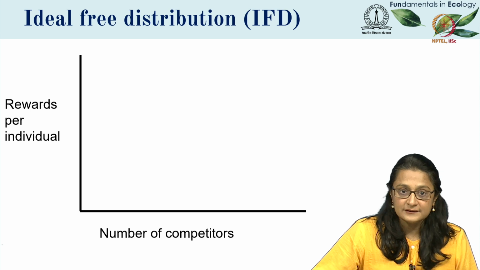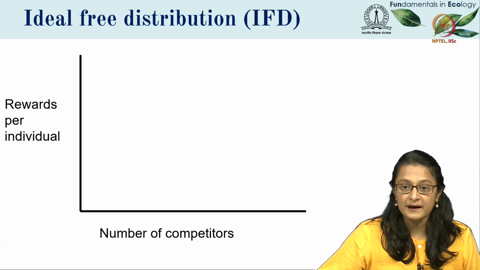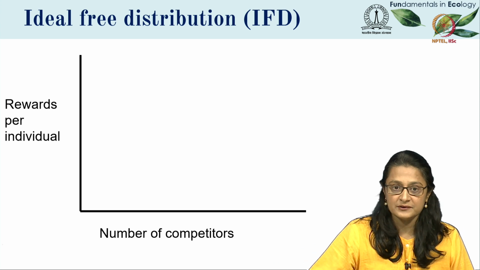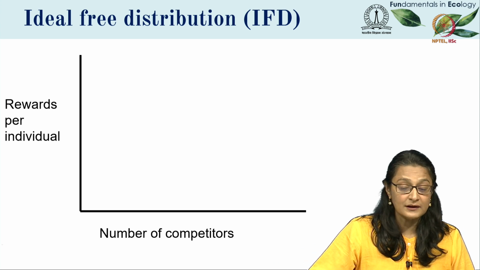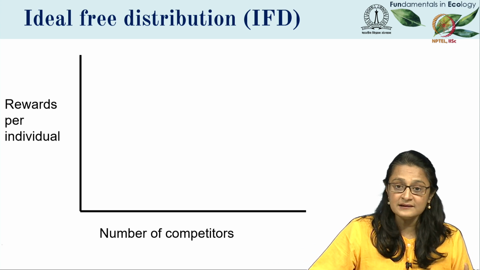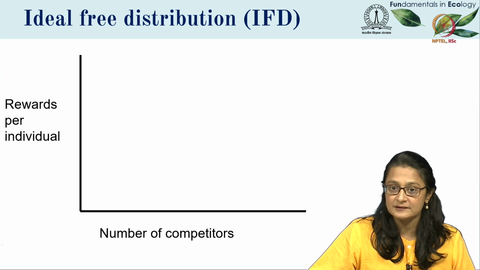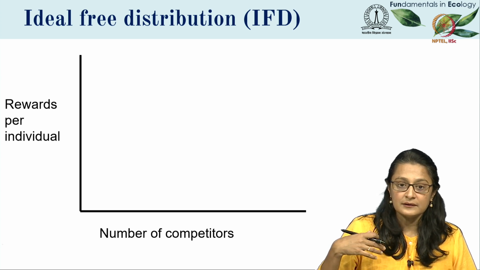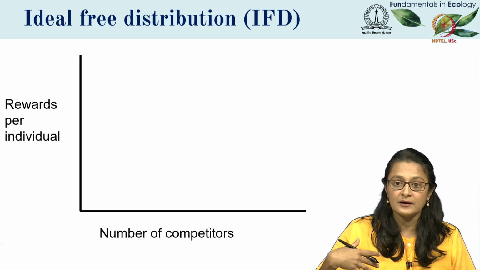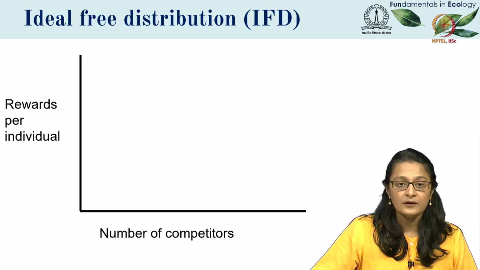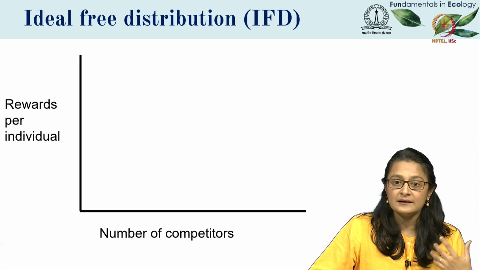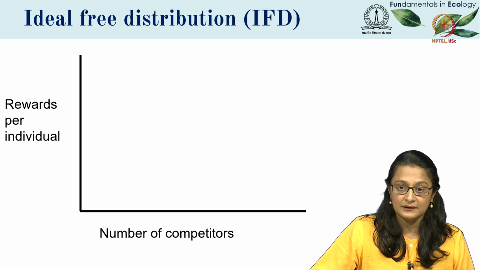So let's predict how a competitor or a population of competitors should distribute themselves in the environment. In this graph, on the x-axis is the number of competitors in the population. And think about the competitors coming into a habitat one after the other. On the y-axis is how much energy can be gained by that individual in that habitat.